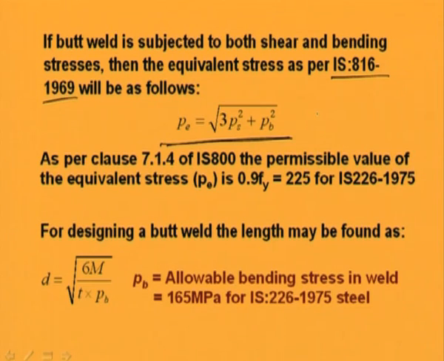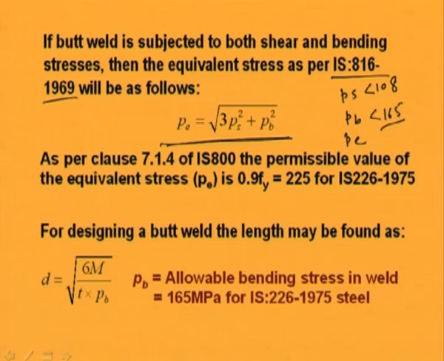So, for shear and bending stresses combinedly if it acts, then we have to check for the equivalent stresses also. So, first we have to check for direct stress, it should be less than 108, and again similarly PB it has to be less than 165, the bending stress, and then PE the equivalent stress. So, three cases we have to check to find out the results.